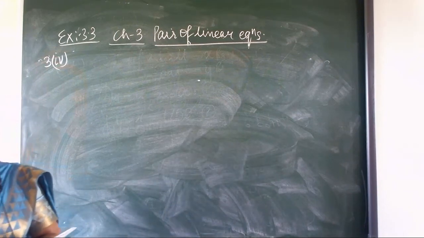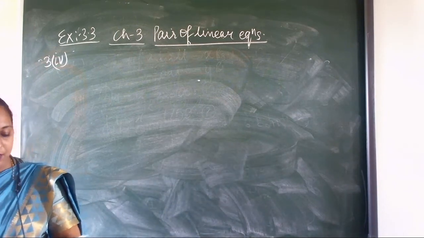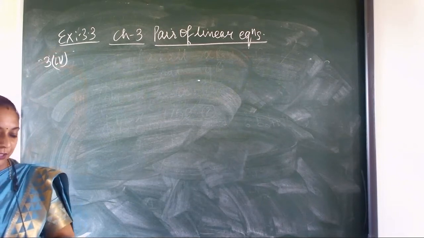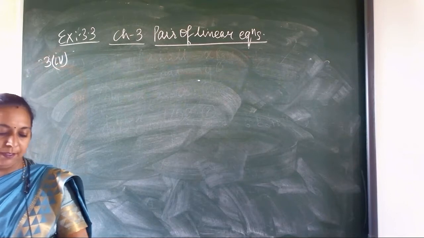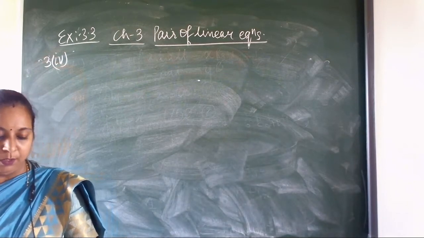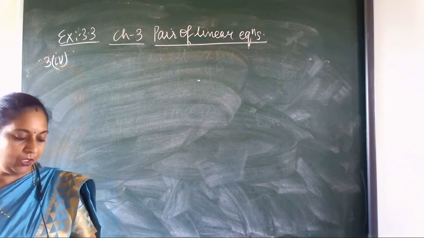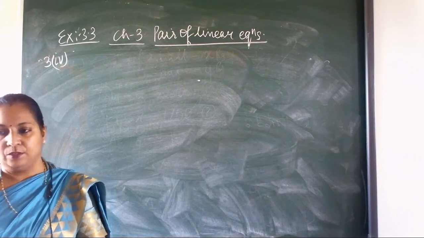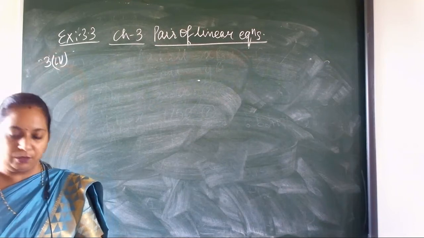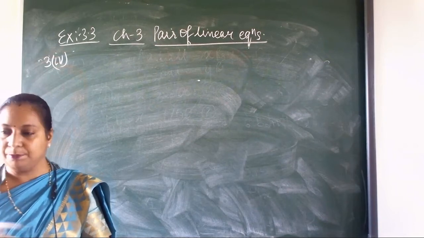For the distance of 10 kilometers, the charge paid is rupees 105 and for the journey of 15 kilometers, the charge paid is rupees 155. What are the fixed charges and the charge per kilometer? So first we suppose the fixed charge. What is the fixed charge and what is the additional charge per kilometer?